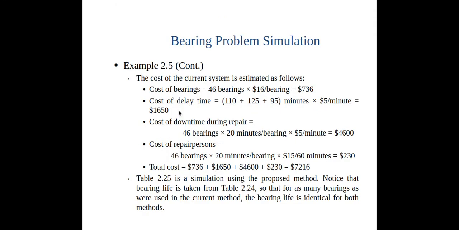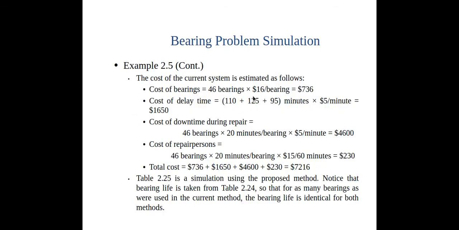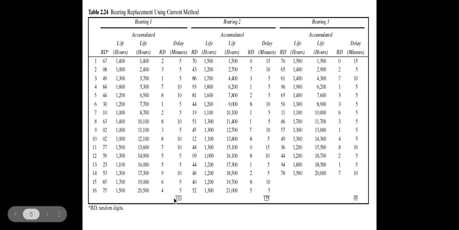Actually, we will calculate things like the cost of bearings. In total, 46 bearings, 16 plus 16 plus 14, means 46 bearings will be changed. Each bearing costs $16, so the total cost of bearings is $736. For the cost of delay time, the total delay time we get from the table is 110, 125, and 95.